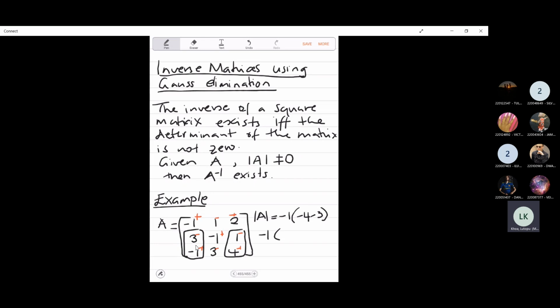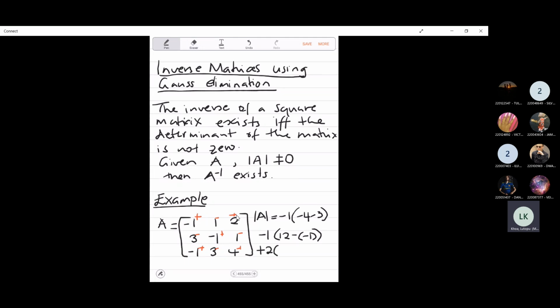Its determinant is 3 times 4, which is 12, minus -1 times 1, so it's minus -1, or plus 1. I'll just write minus -1, like that. Then with the 2, I do the same thing. The sign associated with the 2 is positive, so I have +2.